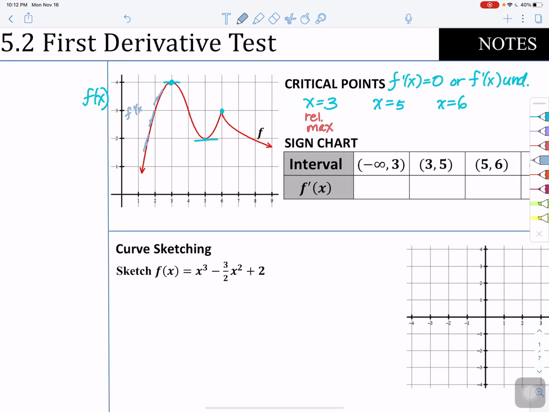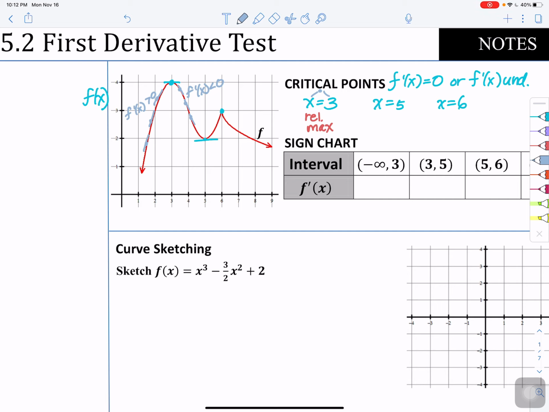So here the first derivative is positive, and after that they are all negative. So what happened was the first derivative changed from positive to negative. When that first derivative changes from positive to negative, we have a max. So that's sort of where we're headed with this.